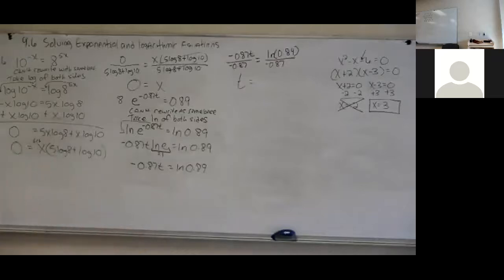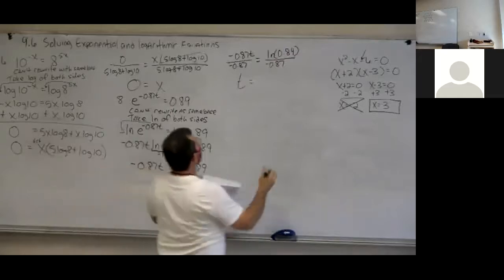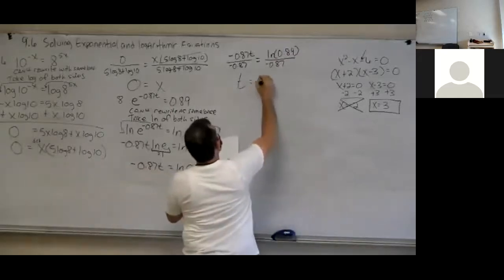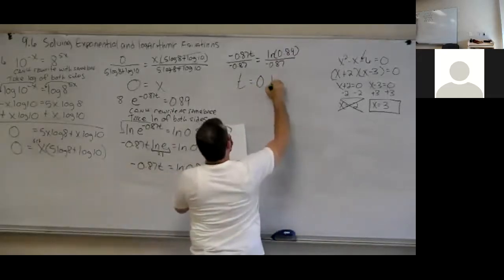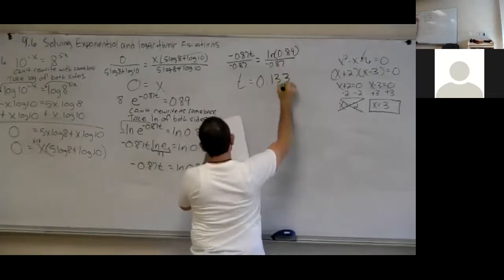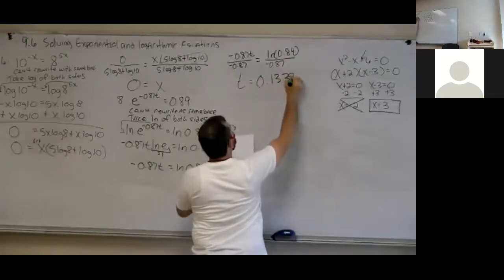We're going to round that to four decimal places. So this one looks like I'm getting approximately 0.1339.